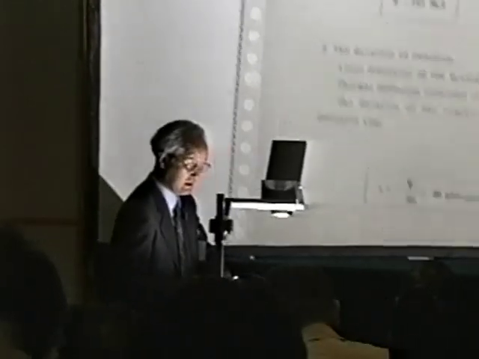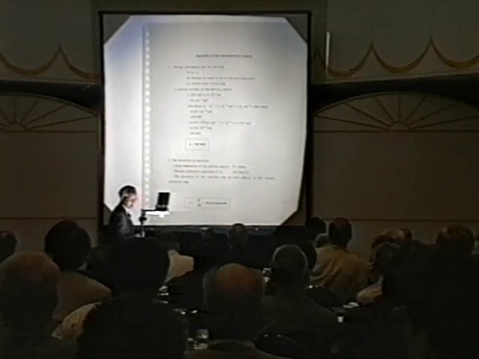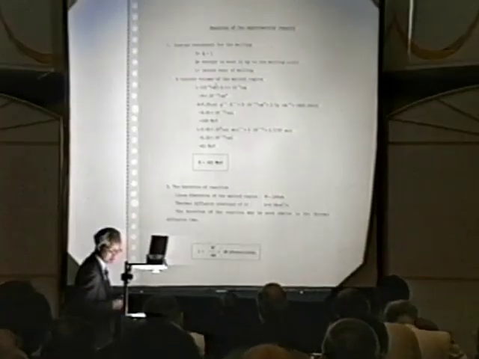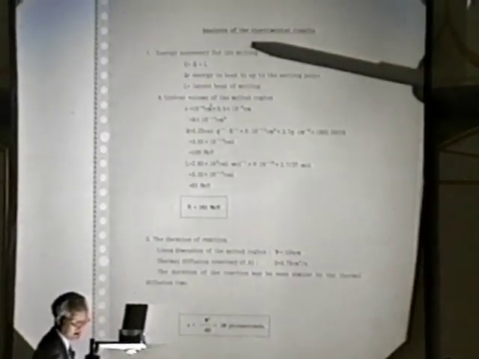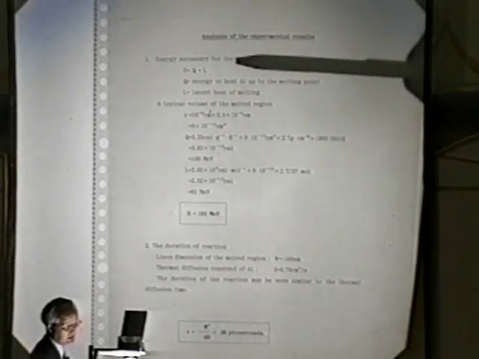And by analyzing the energy required to melt this speckled region, we have considered two things. First of all, the energy to raise the surface layer from room temperature to the melting point, and the latent heat of melting.